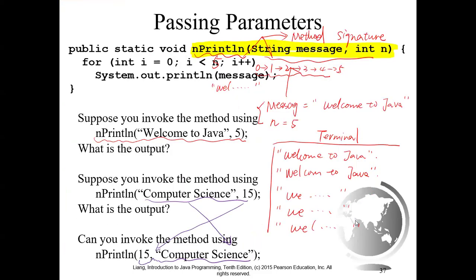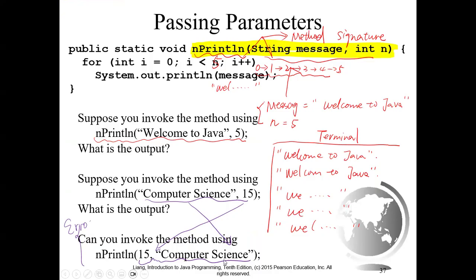So let's think, if I pass 15 to the println method, the first place is a string type. However, 15 is an integer. So in this case, this one will give you an error message. Error, how to spell it. Okay, you may know it.